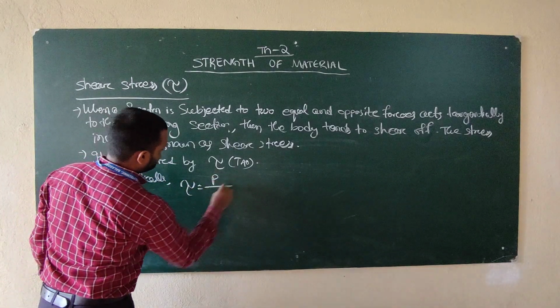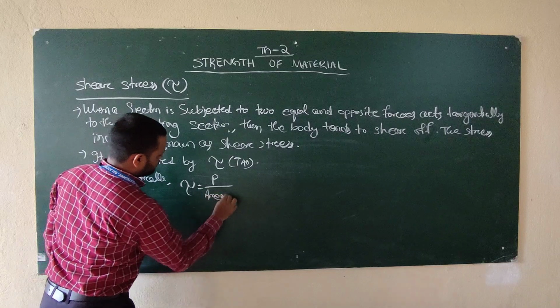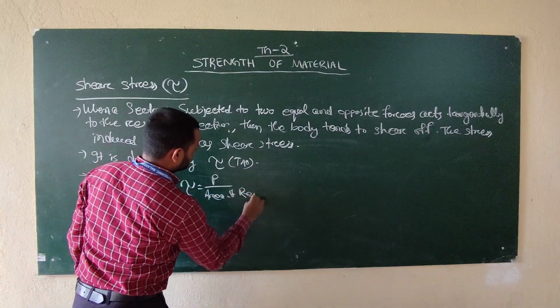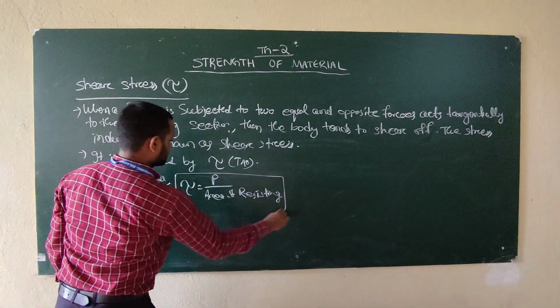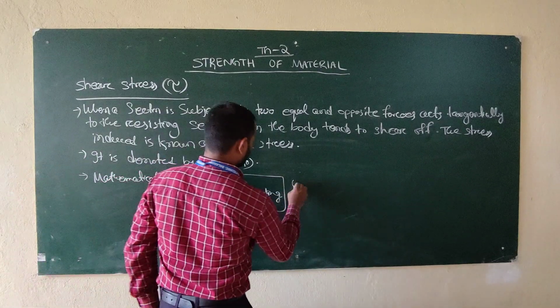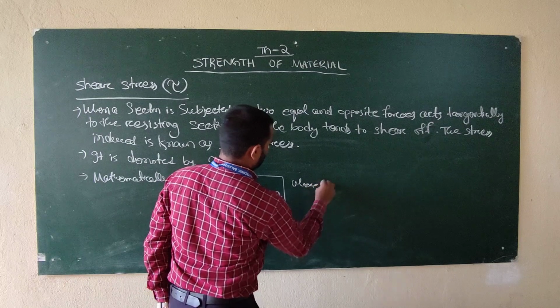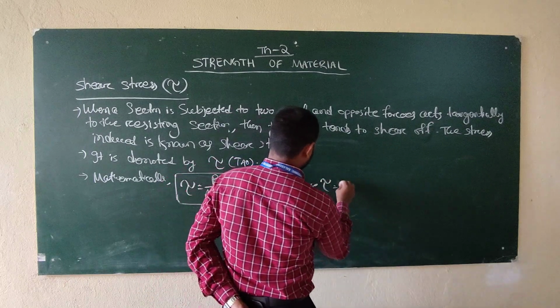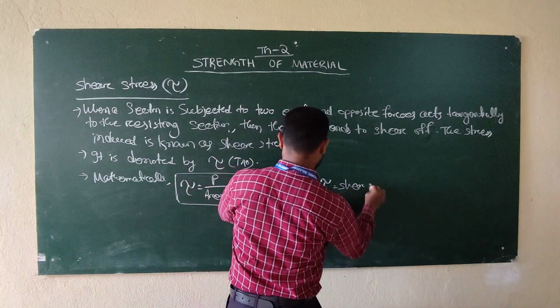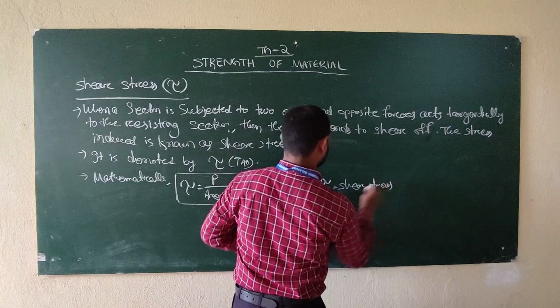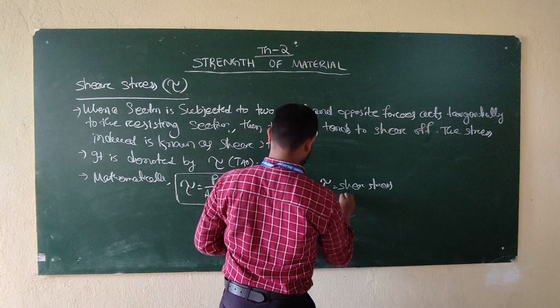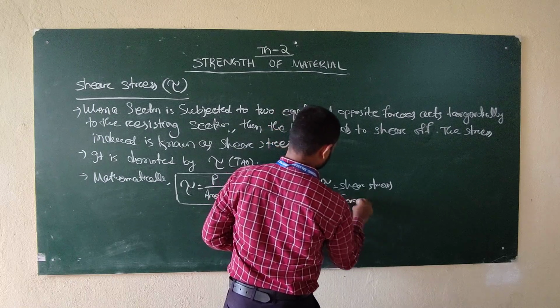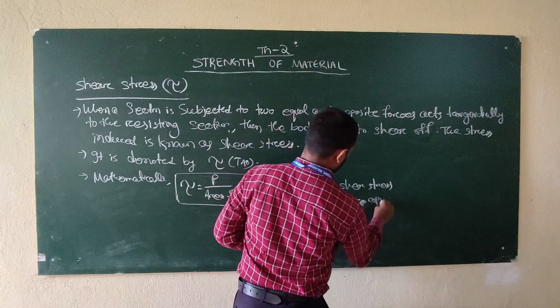Third, mathematically, tau equal to P by area of resisting section, where tau equal to shear stress and P equal to force applied.